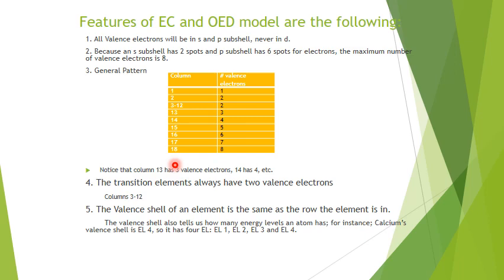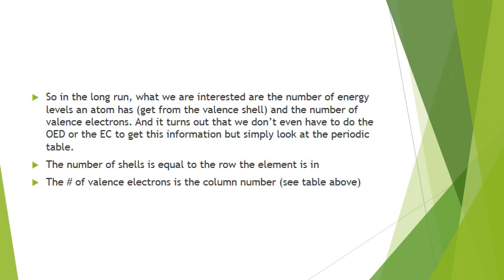Guess what? That's all that's really important for us to know about an atom's structure: what its valence electrons are and what its valence shell is. So that's exactly what we want to do.